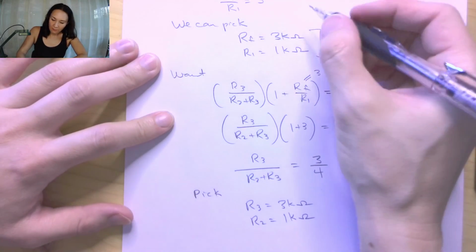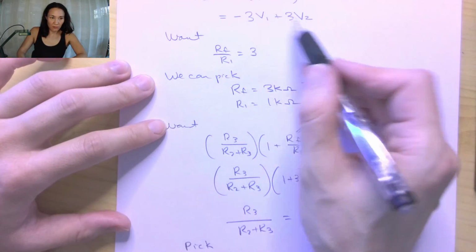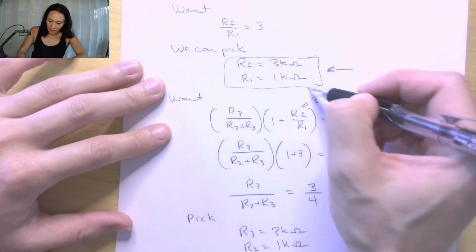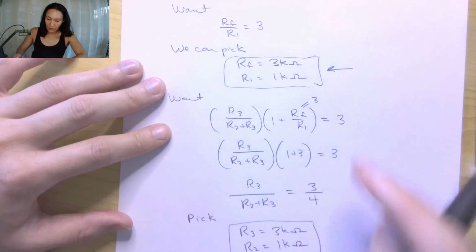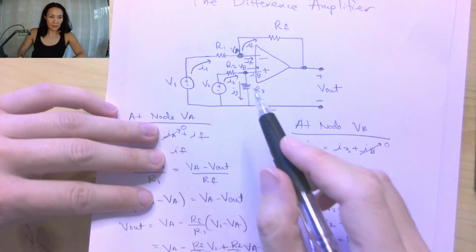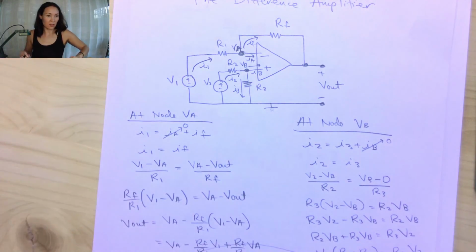So if I'm asked to make a difference amplifier that satisfies this equation for Vout, I can pick these resistance values and put them into a circuit like this, and I will have satisfied the constraints.